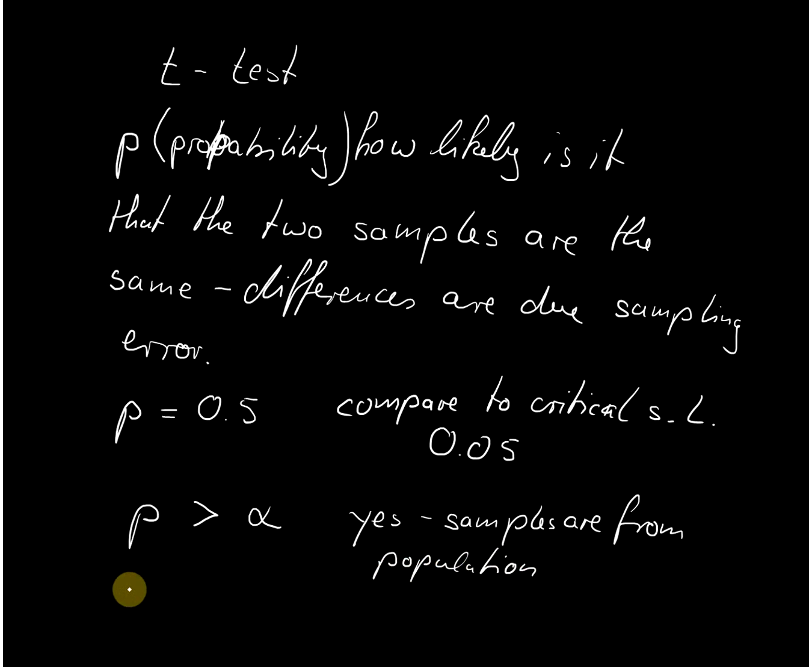Or if we get a probability that is smaller than alpha, we would say no, samples are most likely not from the same population.